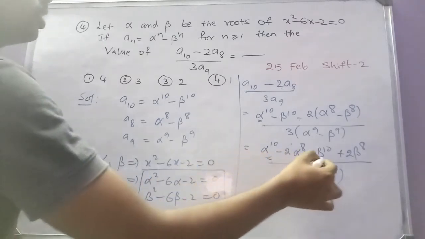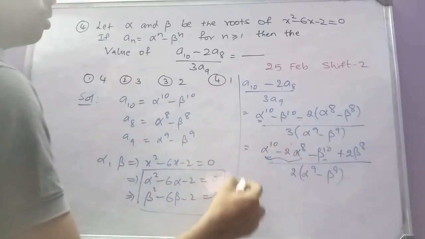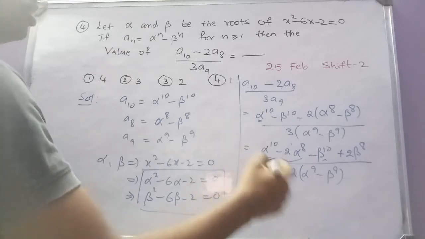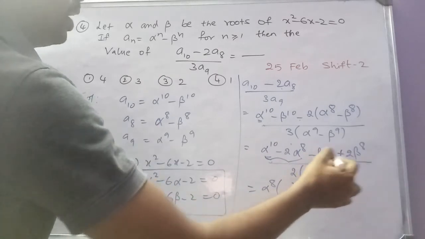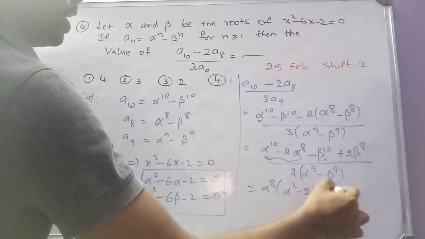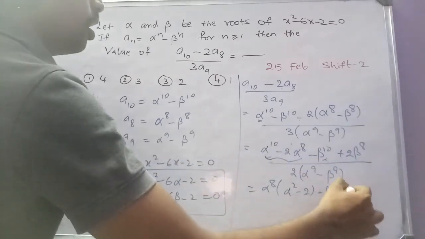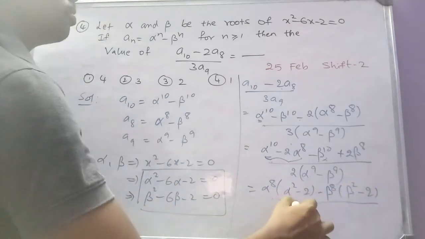In the first and second terms, I can take alpha power 8 common. So do you get alpha square minus 2? Yes. And in the remaining two terms, I can take minus beta power 8 common. Then you will get beta square minus 2.